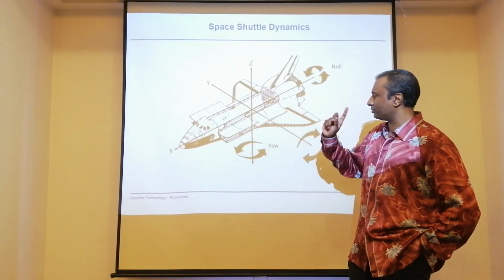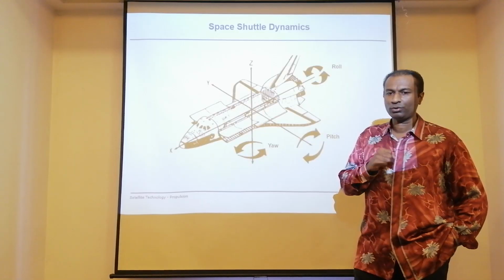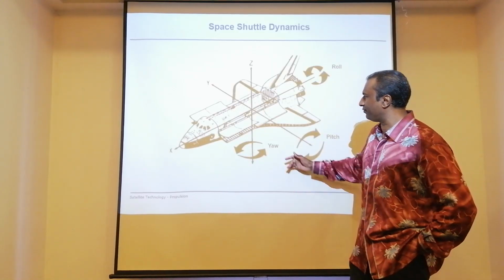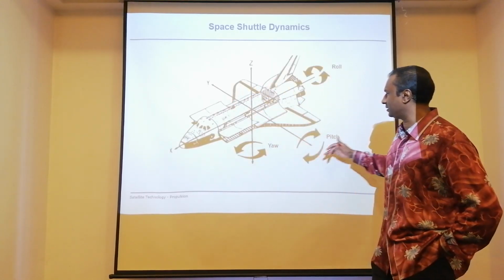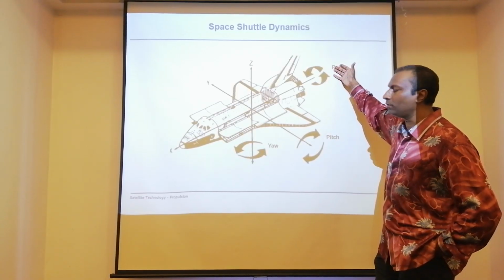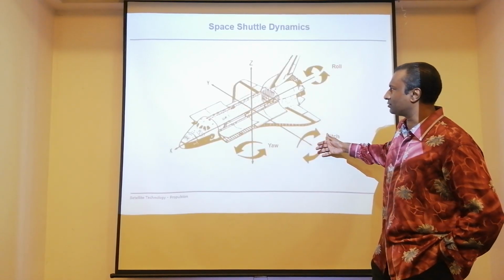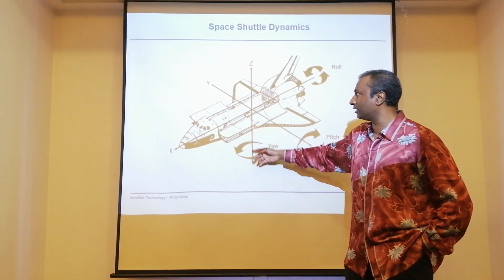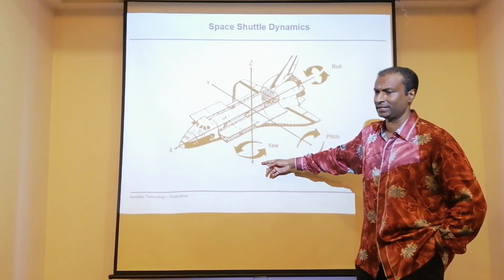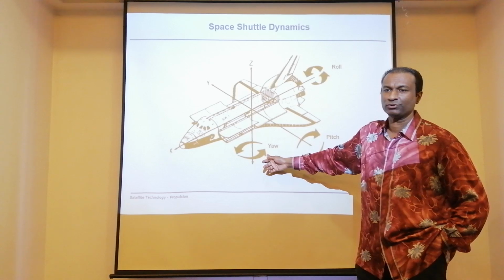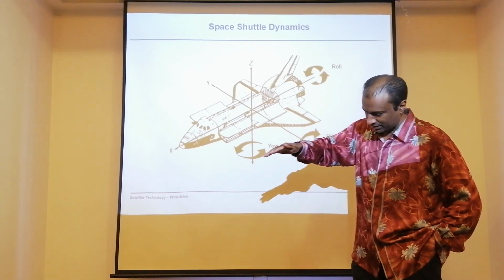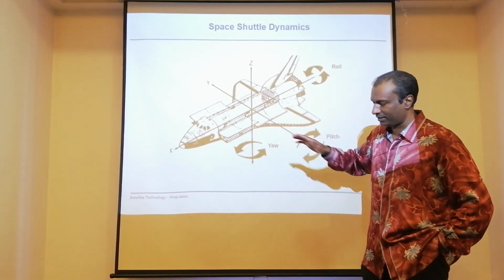Now, the rotational motion we always call attitude motion. I have 3 axes here. I can define my roll as X, my pitch as Y, and my Z as yaw. And my Z is always looking at planet Earth. That's how the satellite or even the spacecraft flies.